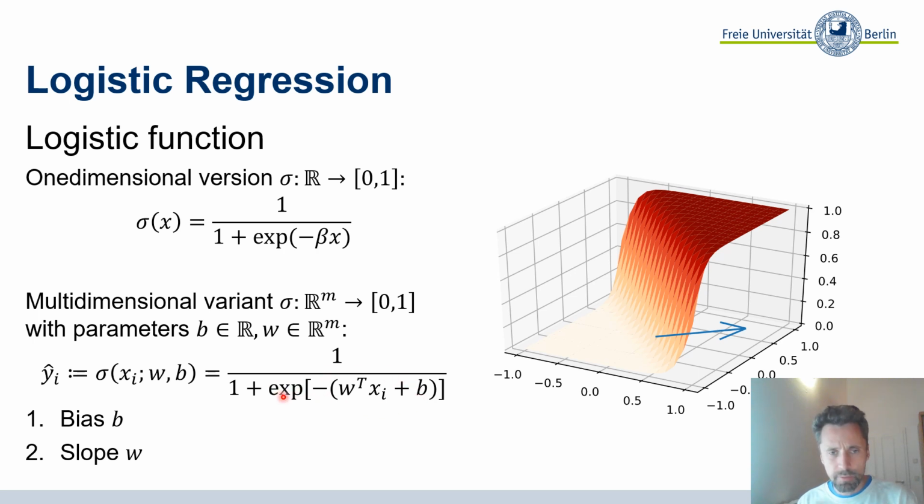So e to the something very positive is something large, and then 1 over something very large is 0. And now the vectors that are perpendicular produce a 0, so they should be on the decision boundary. So they should be close to 1/2.